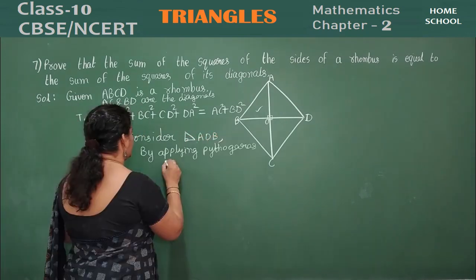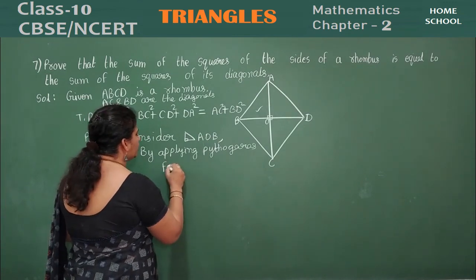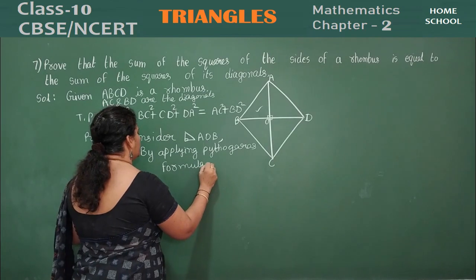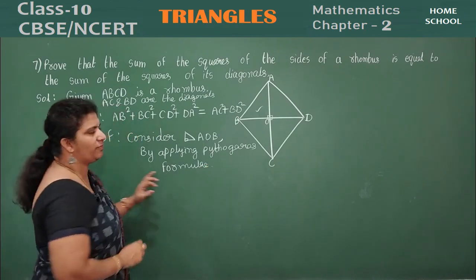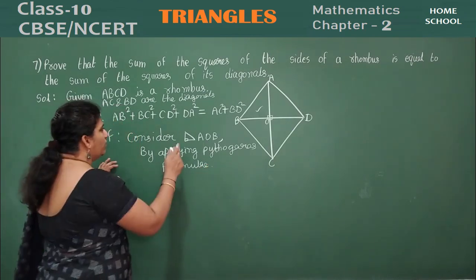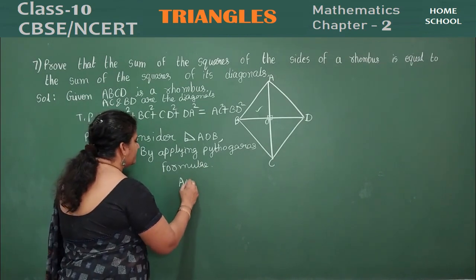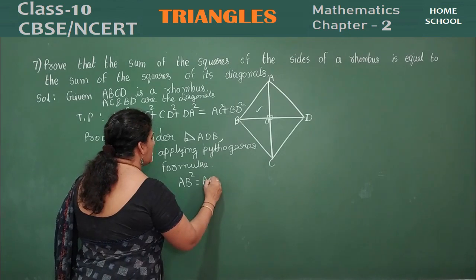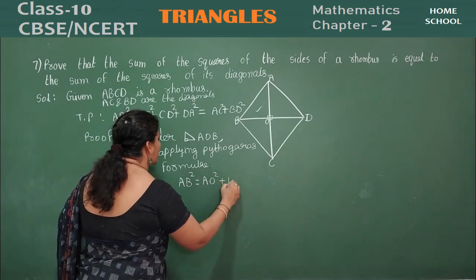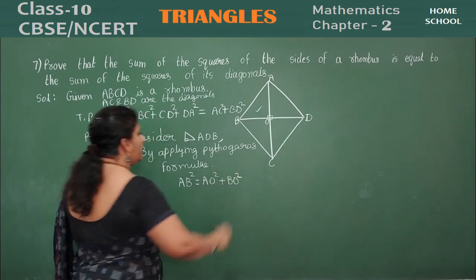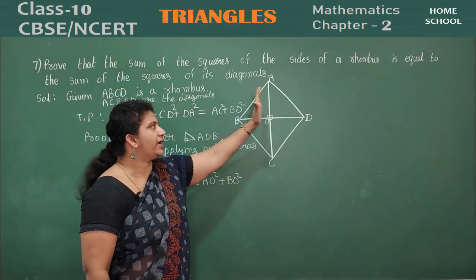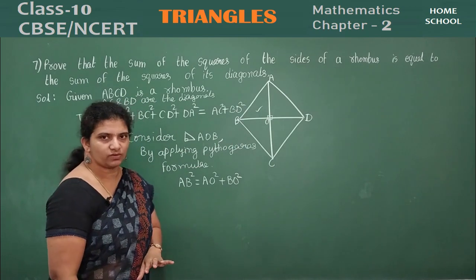By applying the Pythagoras formula: the square of the hypotenuse is equal to the sum of the squares of the other two sides. AB is the hypotenuse. AB square is equal to AO square plus BO square.